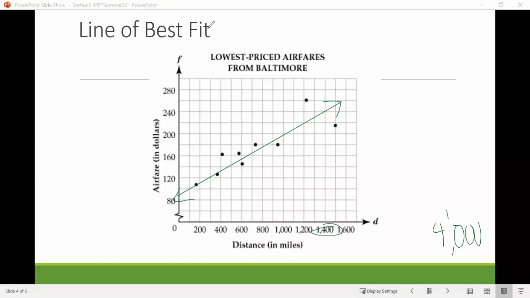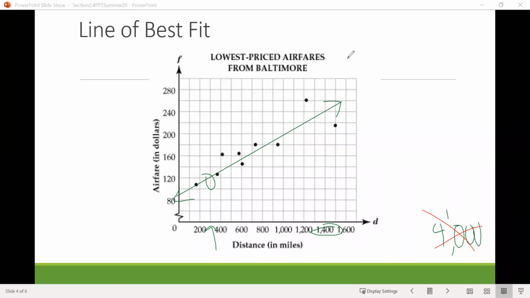Based on the way I drew it, 4,000 miles has nothing to do with the data we're looking at, so we would not want to make a prediction there. However, for 300 miles, right about here, we could make a prediction, because that falls within the lowest and highest values of data we have.